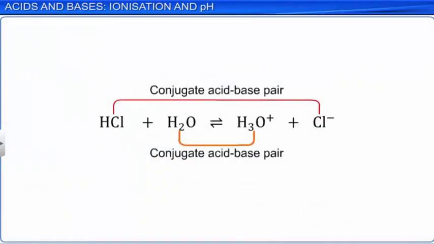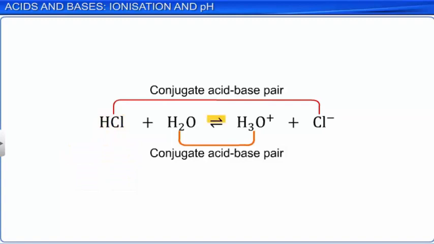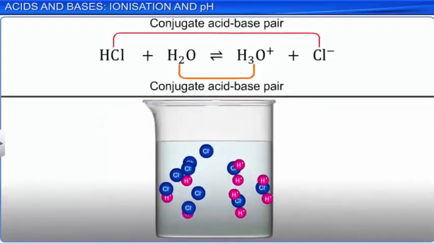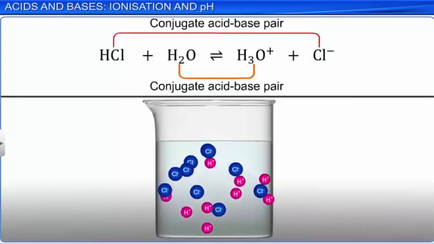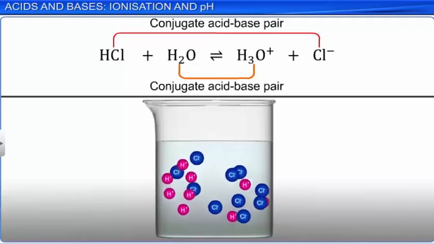Yes, it does. HCl is a strong acid, which means that every HCl molecule produces H+ and Cl- ions. This further means that the forward reaction predominates in this reaction. In an aqueous solution, there are virtually no HCl molecules, but only H+ and Cl- ions.